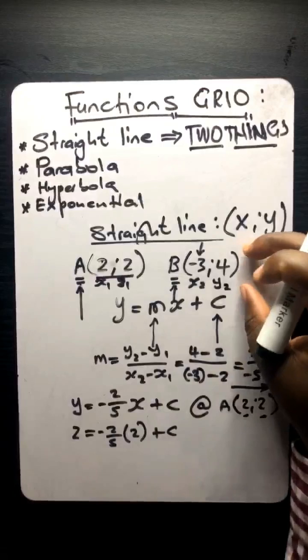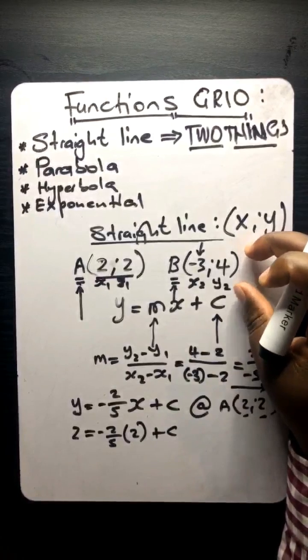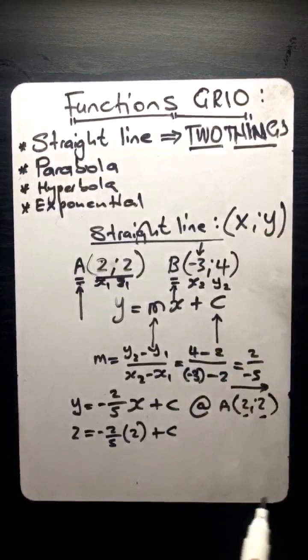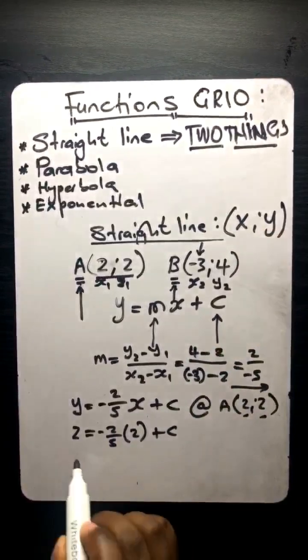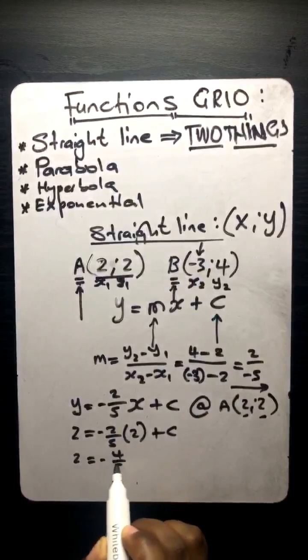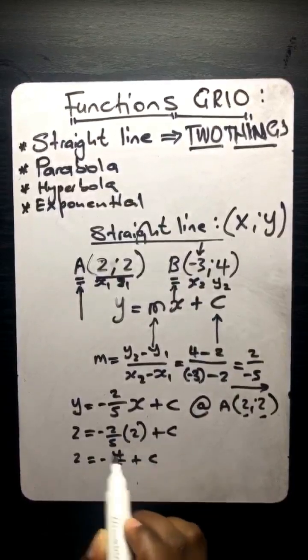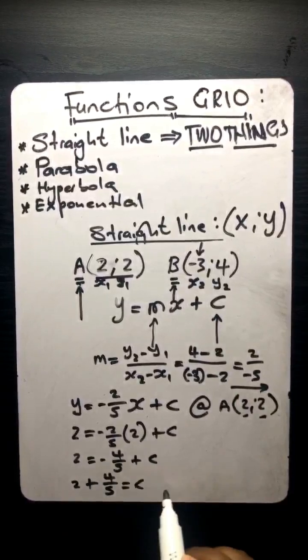Listen very carefully. Even if you use this value, or even if you use point B, you are still going to get the correct answer. So can you see now? You have 2, what is that times that? I think that is 4. Then you take this to the other side, it becomes 2 plus 4 over 5 is equals to c.